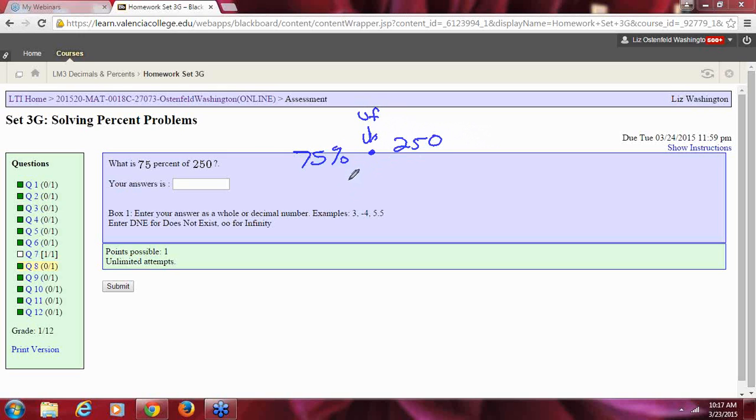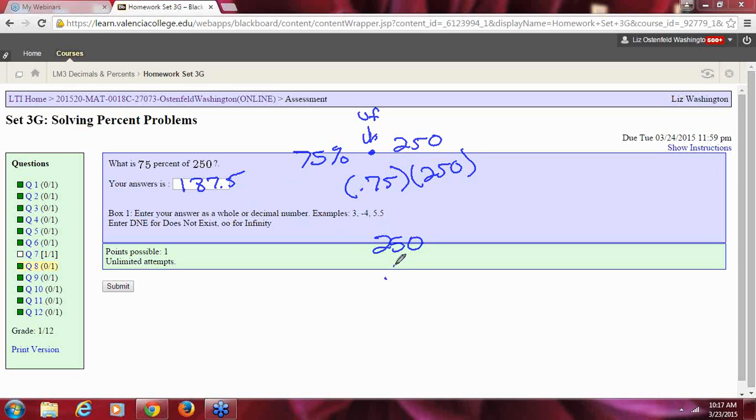In order to actually do that, you have to change it to a decimal and multiply it by 250. And it actually wants an answer here, right? You're not translating. So we're going to actually type something in, and I'm going to type in 187.5. So 75% of 250 is 187.5.